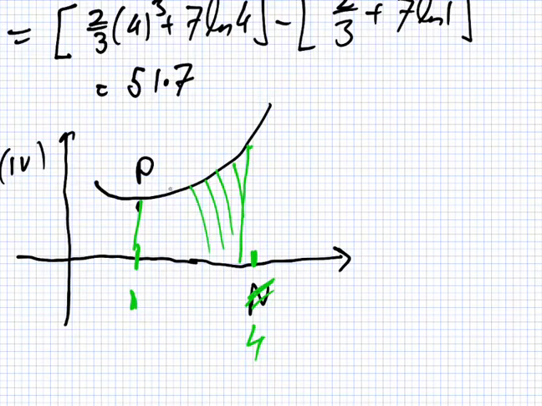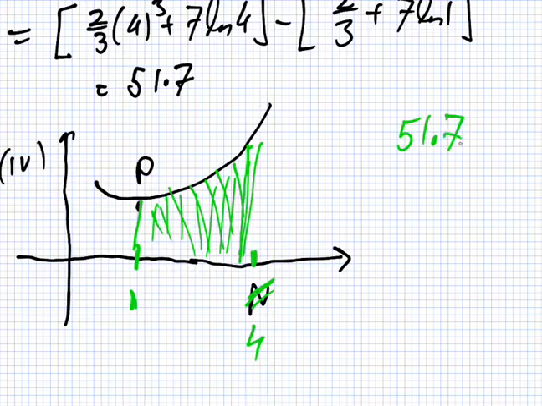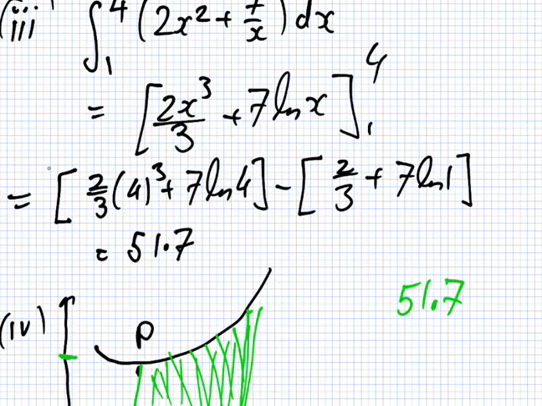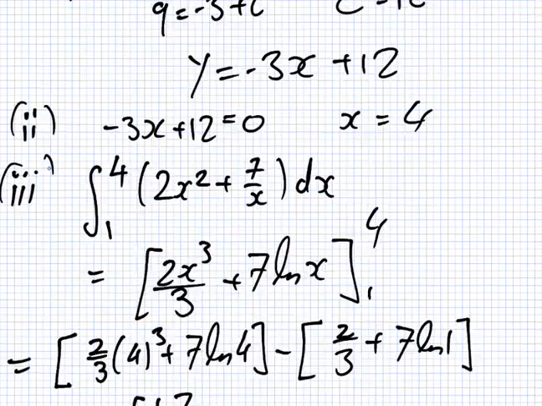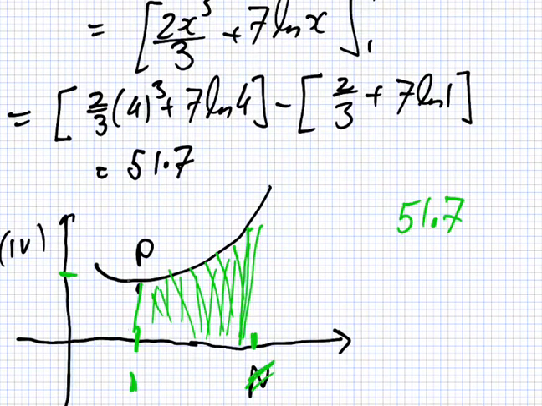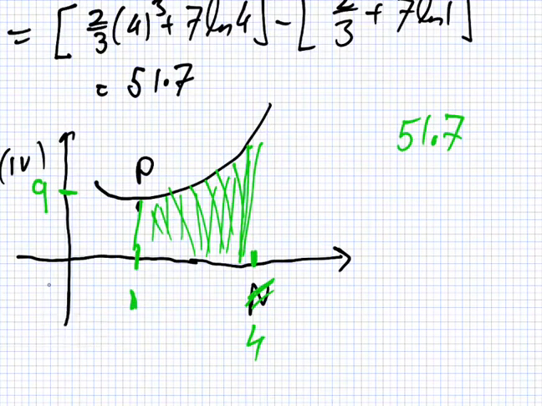So you know that this green area is 51.7. Oh, and by the way, you also know the height here is 9. Because you put x is 1 and y will be 9. Okay, you also have this triangle, 1 to P to N.